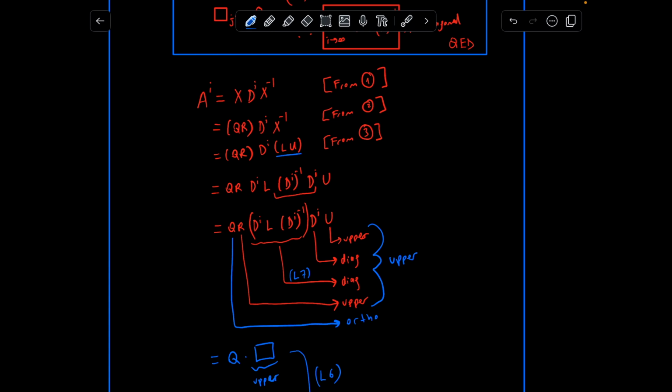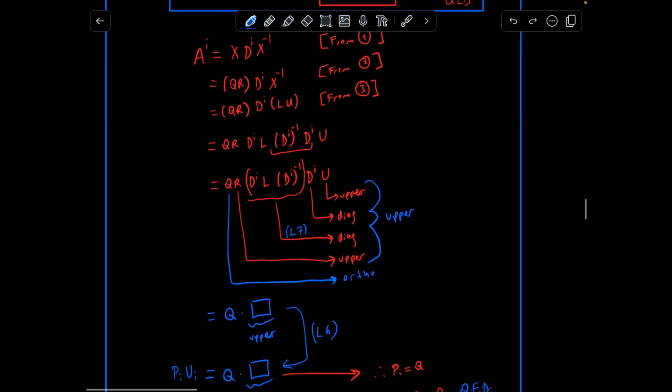And again, by looking at the definition, it comes from expression 3. Now we have this, and we are just doing a very simple manipulation: something inverse times something. What is that? Identity.